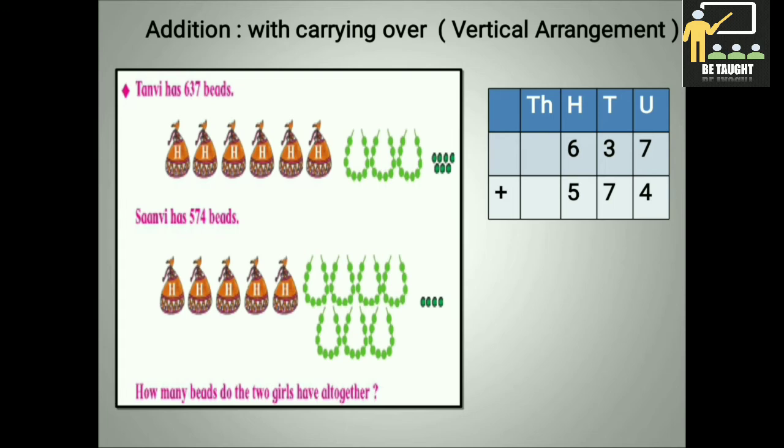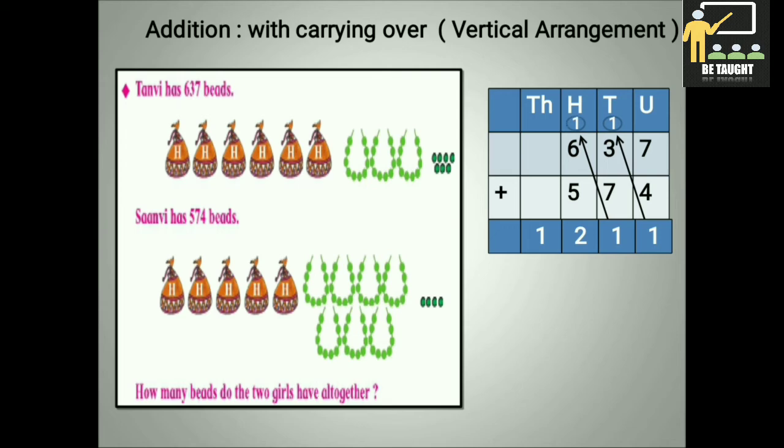637 plus 574. We start from the units place. 7 plus 4 is equal to 11. So we write 1 in the units place and 1 will be carried over to the tens place. 3 plus 3 in the tens place is 6, and 1 carried over, so it becomes 7.